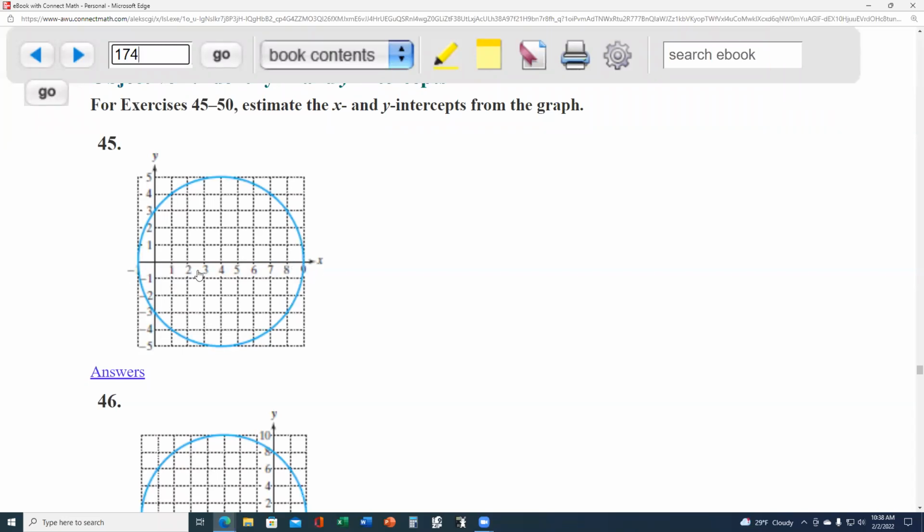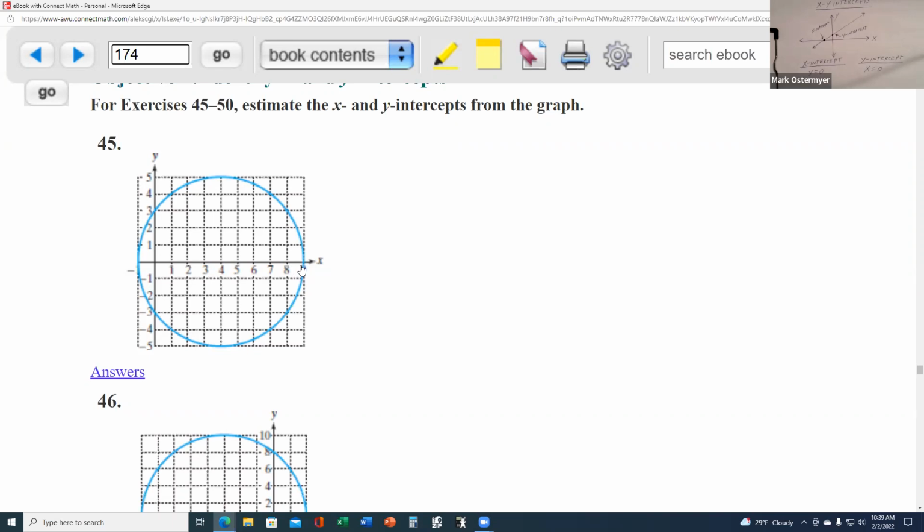X-intercepts. 9 and -1. -1 right here and +9. So -1, 0 and 9, 0. All right, Cameron, can you give me the y-intercepts? You with us, Cameron?